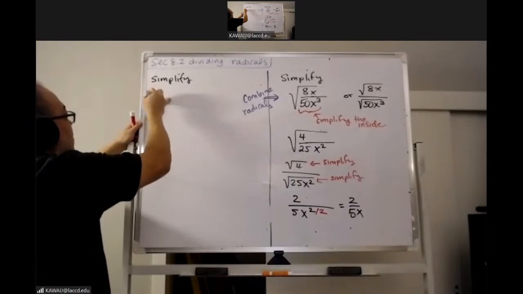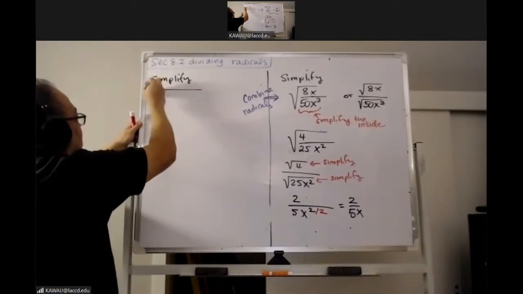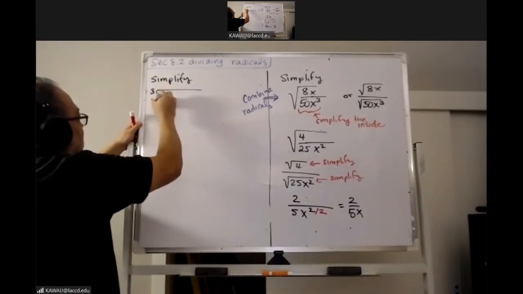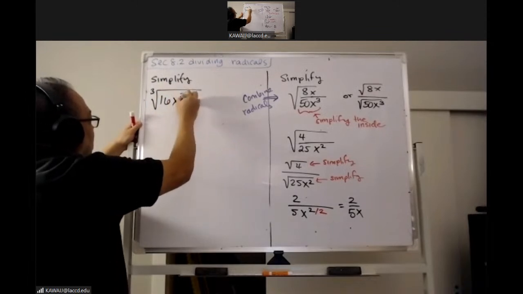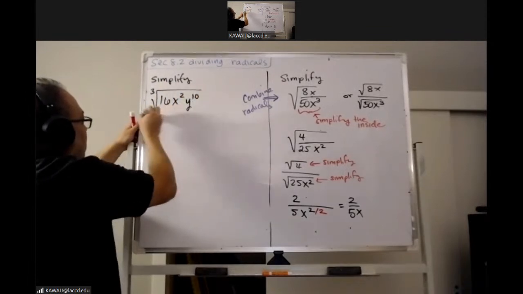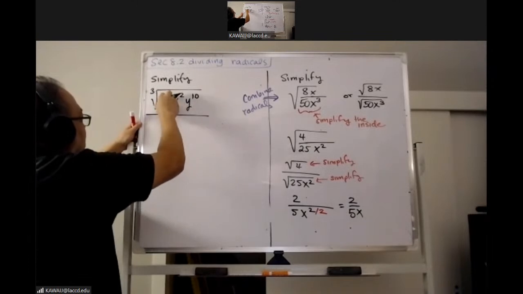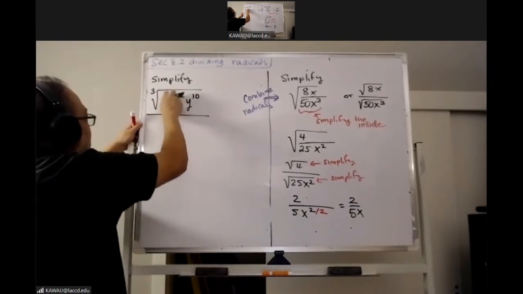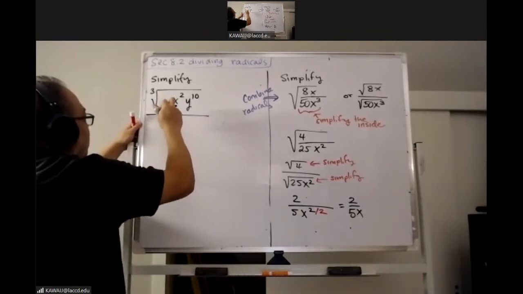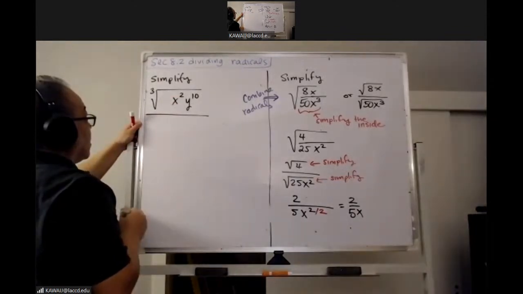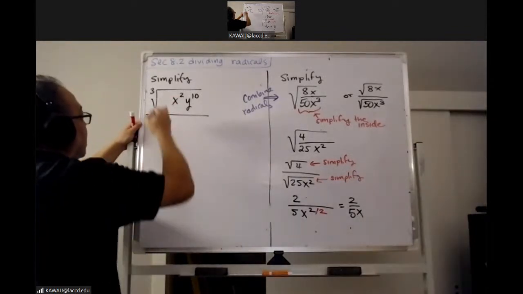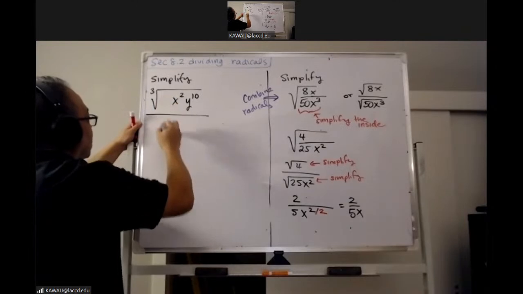So let's do cube root 16x squared y 10 over, actually let's make it 48, not 16, but 48.